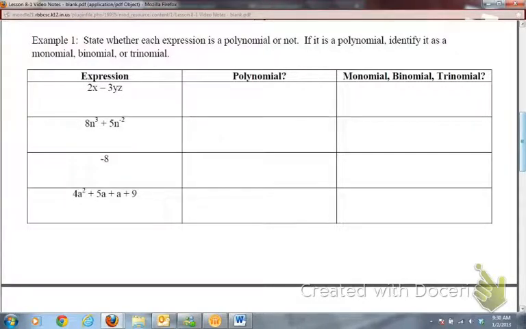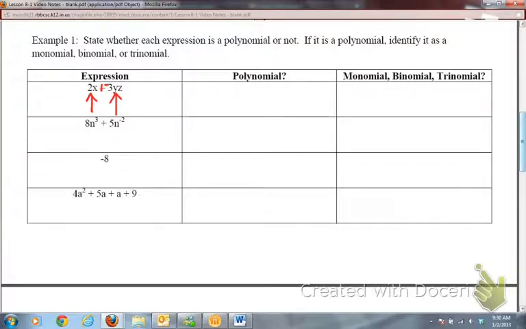So let's look at the first one. We have 2x minus 3yz. 2x is a monomial, and 3yz is also a monomial. So this is technically a difference of two monomials, and we talked about how that's okay. It could be a sum or a difference, because subtracting is the same as adding the opposite, so then it would be a sum.